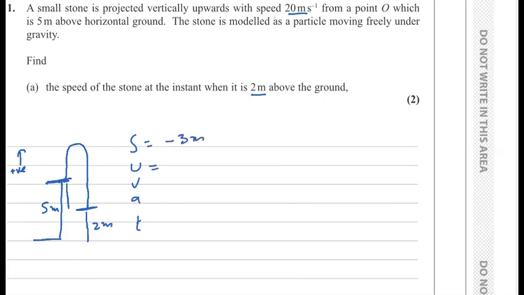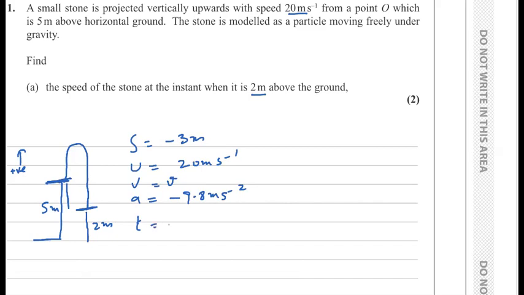u, the initial velocity with which it is projected upward, is 20 meters per second. v, we don't know, we have to find it, so just write v. a will be gravitational acceleration, which will be minus 9.8 meters per second squared in this case, because we have taken the positive direction upward.